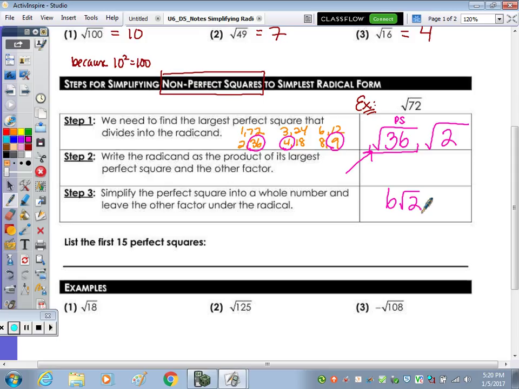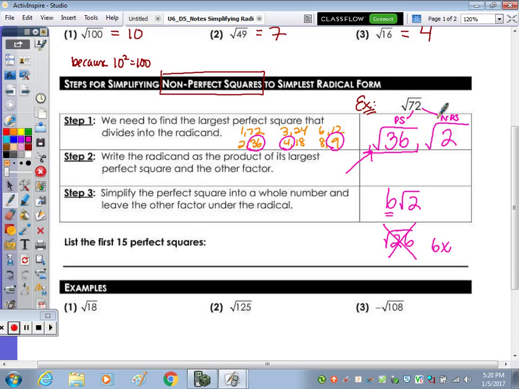We don't want to write radical 2 6, which would be fine, but that's hard to tell if it's radical 2 6 or the square root of 26. So that there's no confusion, we write the coefficient out front just as we would for 6x. We divide it up into our perfect square factor and non-perfect square factor.